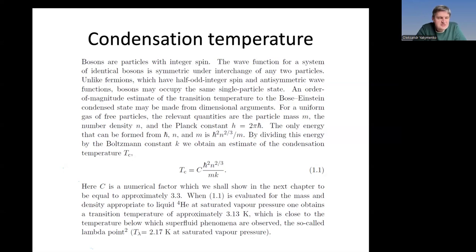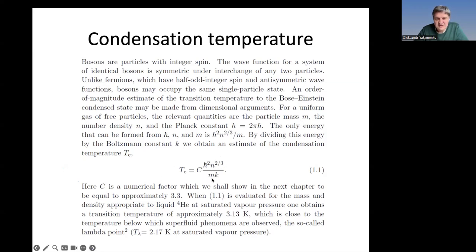If the distance between the atoms is of order of the de Broglie wavelength, then these wave packets will overlap, and this can be easily used to estimate the critical temperature. So let us estimate the distance between atoms as the cubic root of the density of the atoms, and then you immediately gain this formula, which I have borrowed from textbooks.